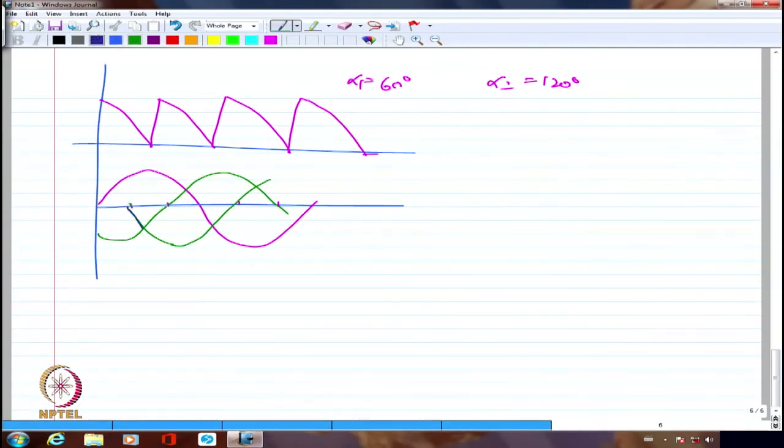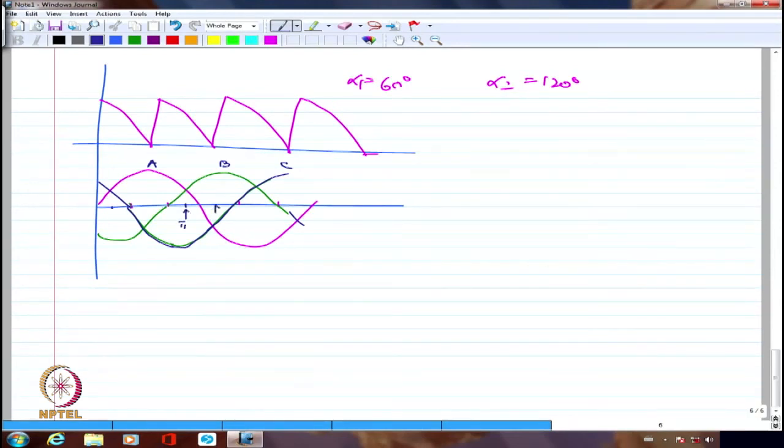I should have drawn with a different color. Right. So these are the three-phase waveforms. So this is A, B, C. Where is alpha equal to 120? This is 30, this is 30, this is 90, this is 120. Right? So this is where I have to fire 1.